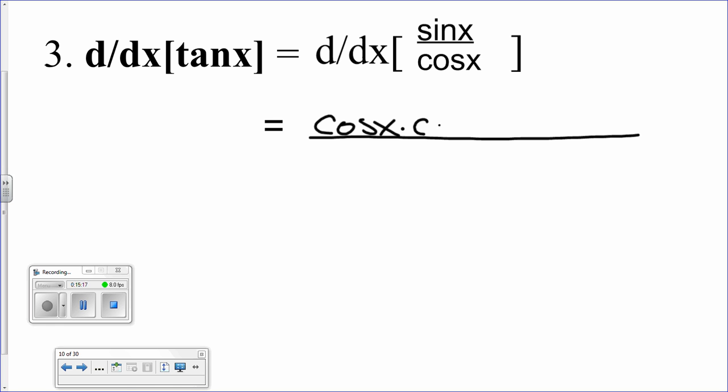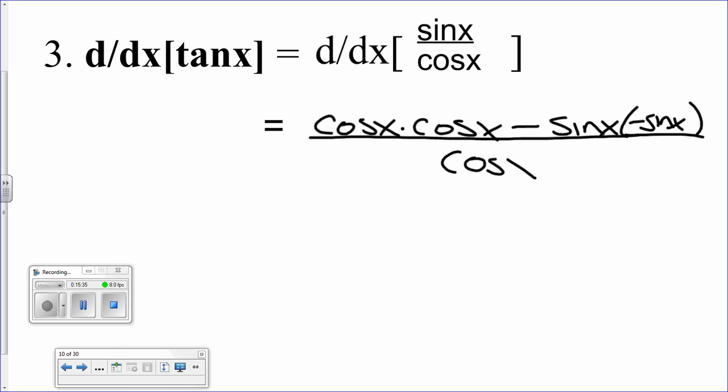Cosine x. So low d high less high sine x d low negative sine x. The derivative of cosine x is negative sine x. So the line down below, the denominator squared will go.